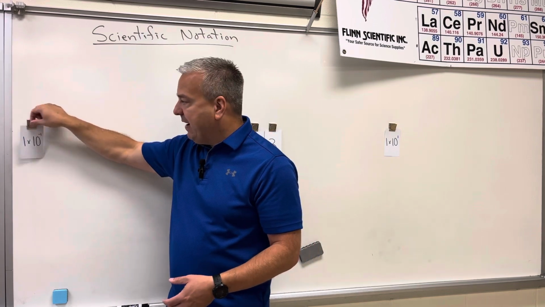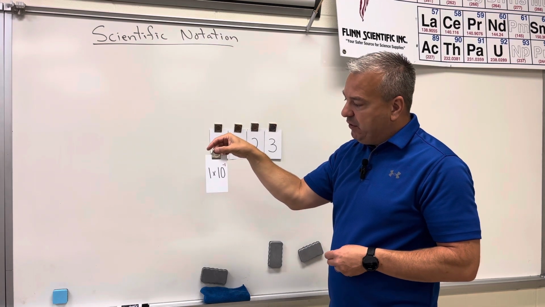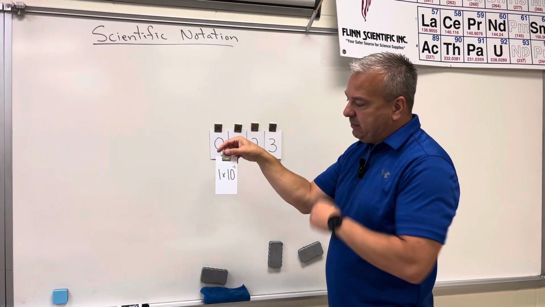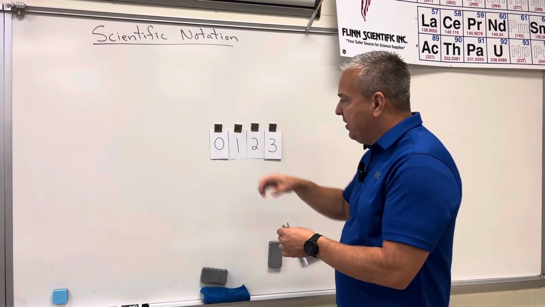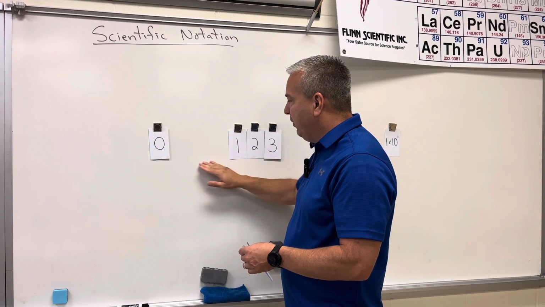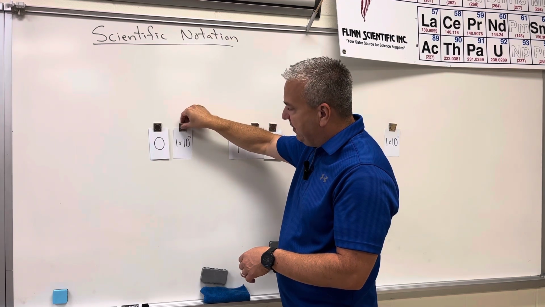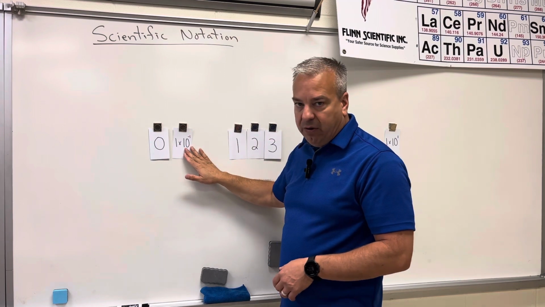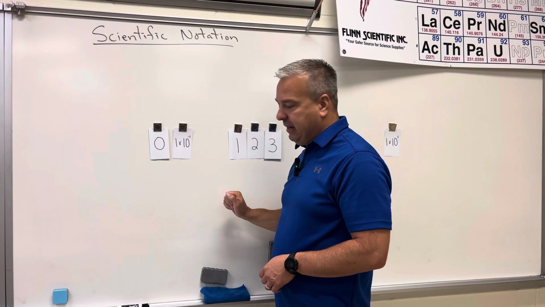If you think about this as far as moving your decimal place, remember if the exponent is negative, the only thing that means is that it's a small number. So if I was to open up this space between 0 and 1, this would be placed right about here because this is actually worth 0.1. We're going to talk about why that is in a second.